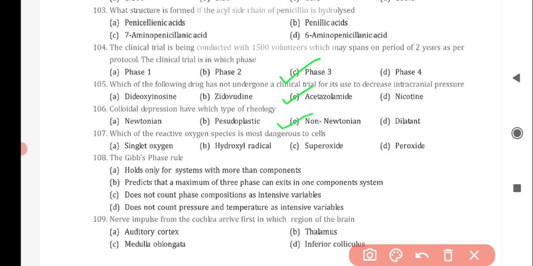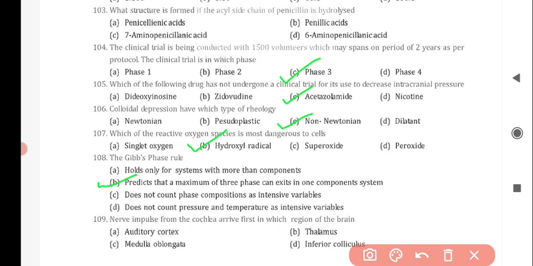Next question is, which of the reactive oxygen species is most dangerous to cells? And the correct answer is option B, hydroxyl radical. Next question is, the Gibbs phase rule is, and the correct answer is option B, predicts that a maximum of 3 phases can exist in one component system.